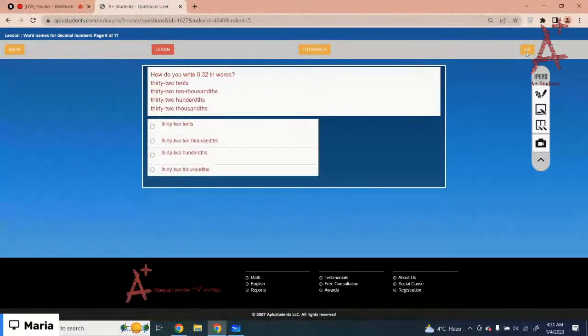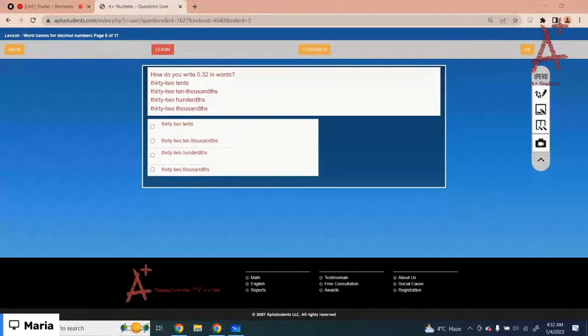Okay, how do you write 0.32 in words? So which of the options is the correct one? The options are 32 tenths, 32 thousandths, 32 hundredths, and 32 ten thousandths. Just make a place value chart. Got it?